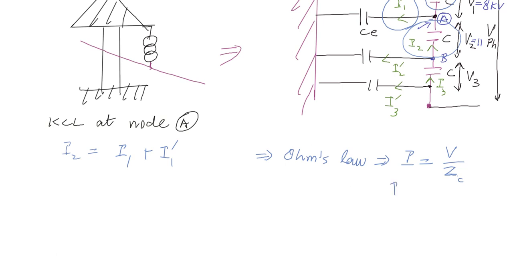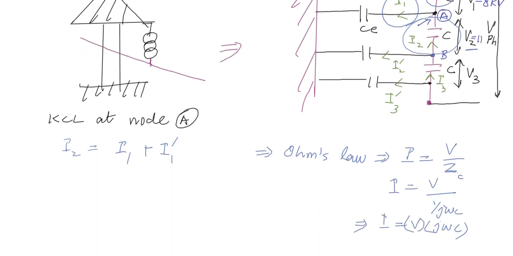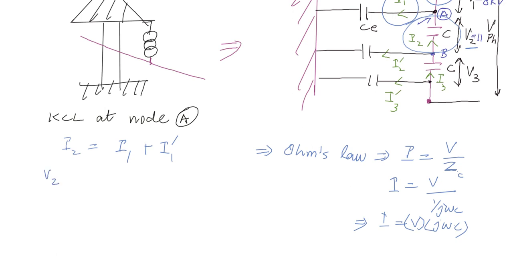And capacitive impedance in phasor form can be written as 1 over j omega C. Okay, so current therefore will be V multiplied by j omega C. Therefore, we can write I2 is equal to the voltage across the capacitance through which I2 is flowing, which is V2, and the capacitance of this insulator, which is C. So I2 will be equal to V2 multiplied by j omega C.